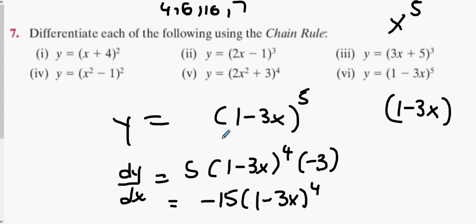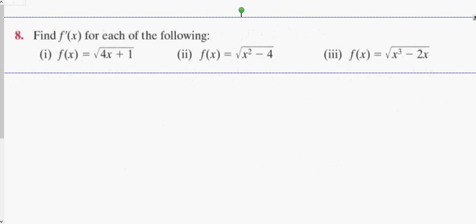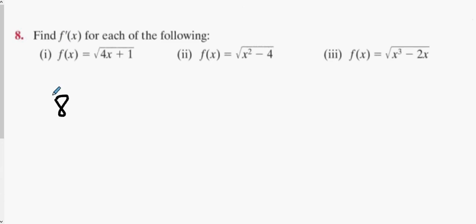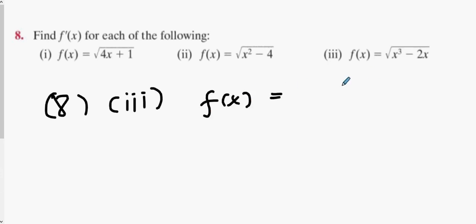Right. Now, that's handy. But now we've got to go for phase 2. Tell you what. You guys are going to do 8 part 3, alright? And the only thing you have to do is this. I'll start you off. Change the square roots to the power of a half and do exactly what you did in the last question.